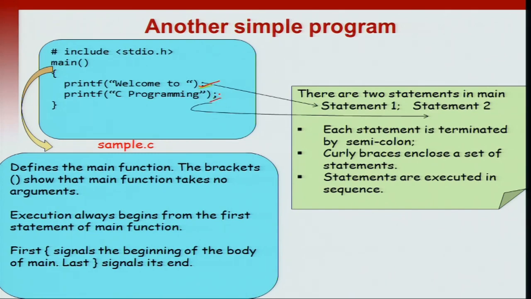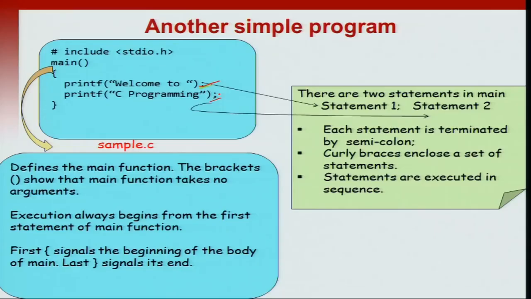The first semicolon says that the statement printf welcome to ends at that point and then followed by the second statement, and the second statement is also terminated by a semicolon. Every statement in C is terminated with a semicolon. Curly braces enclose a set of statements and each statement in a sequence is executed in the exact sequence that we wrote in the code.